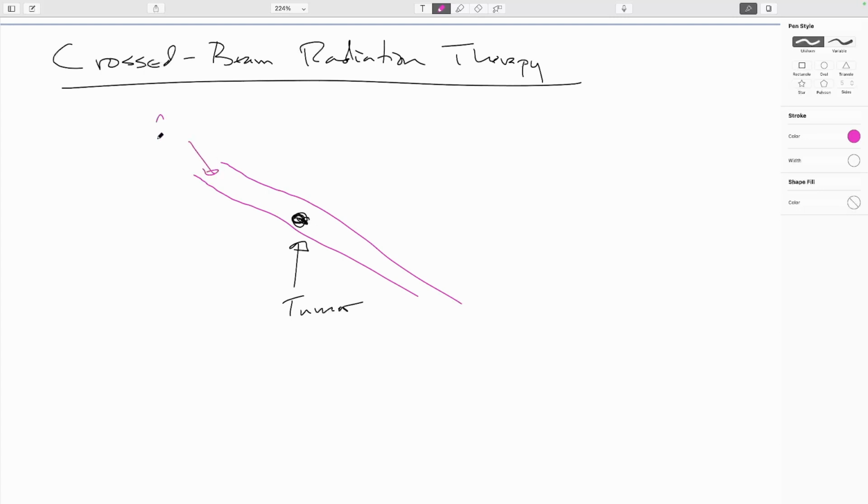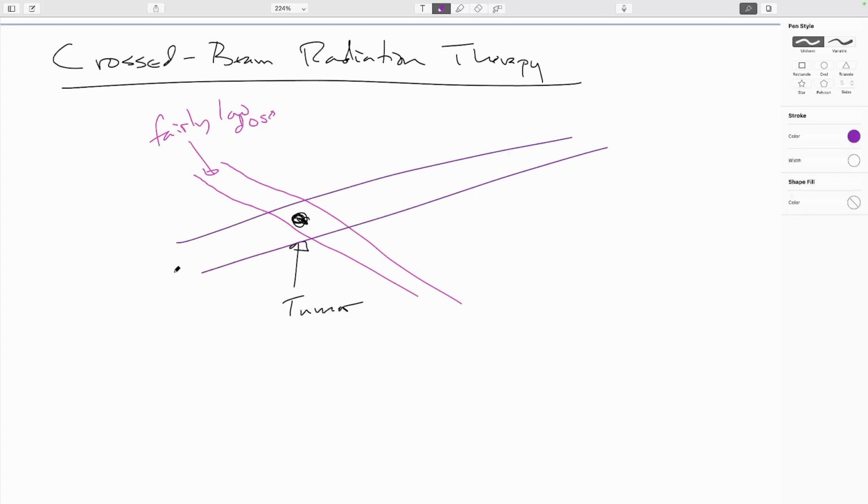So a fairly low dose in that pencil, for instance. And then another pencil of radiation angled a different way that also happens to include the tumor. You would expose all of this tissue to, again, a fairly low dose, which hopefully won't be causing any problems. And then maybe you angle it still some other way.